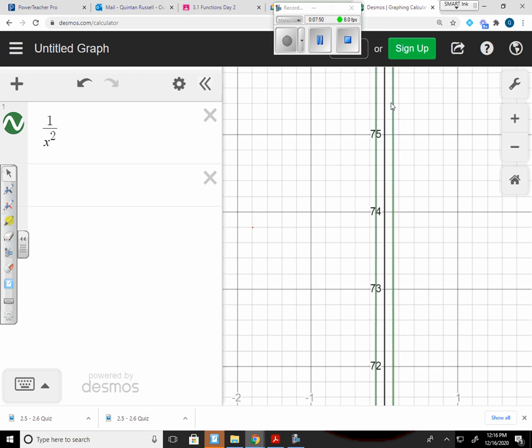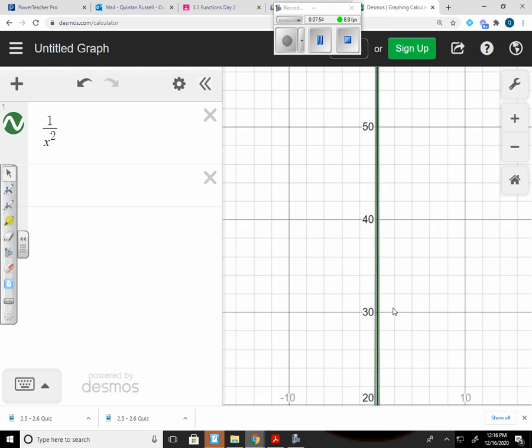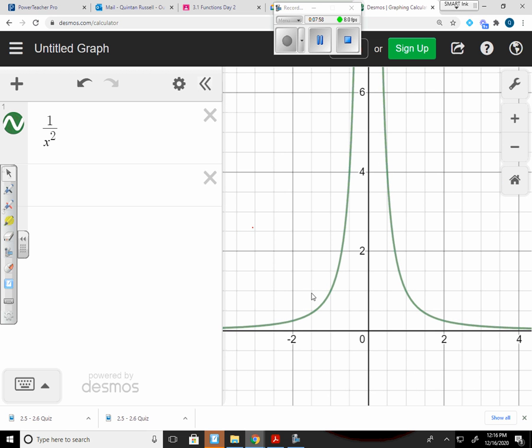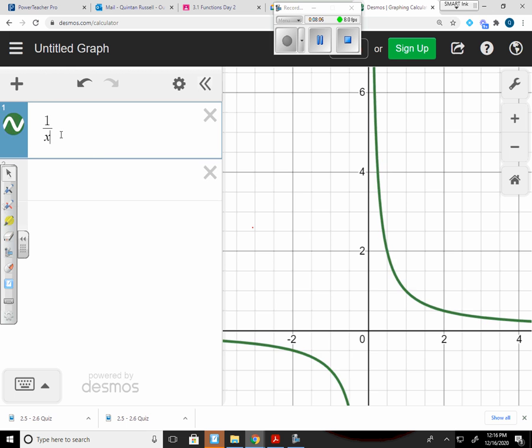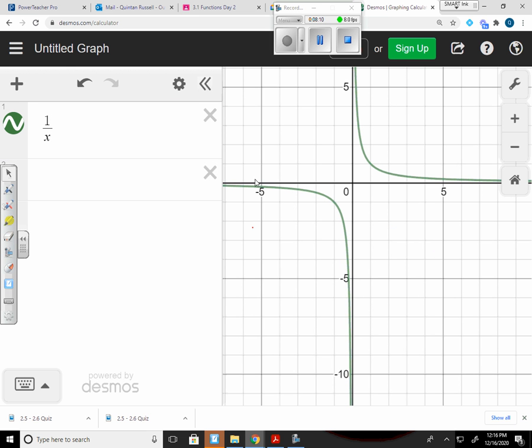So it creates this asymptote, which means it's just a line that it gets closer and closer to, but never touches. And so when you see them look like this, or like this, that's going to be a dividing by 0. And whatever it's getting closer and closer to, that's the number that won't work.